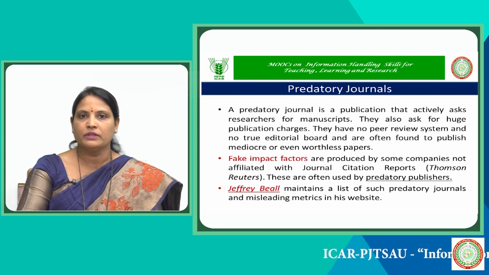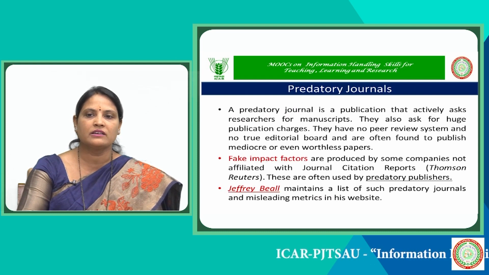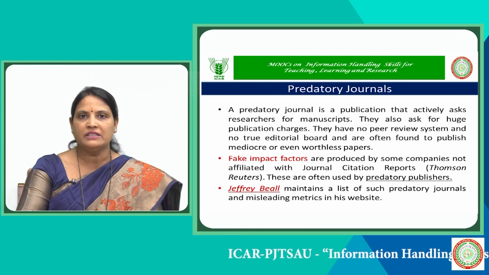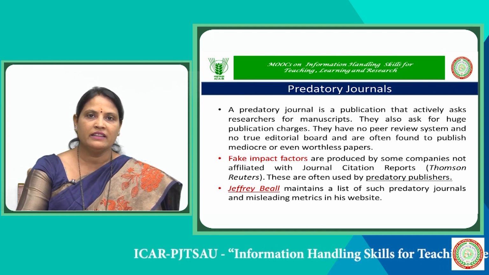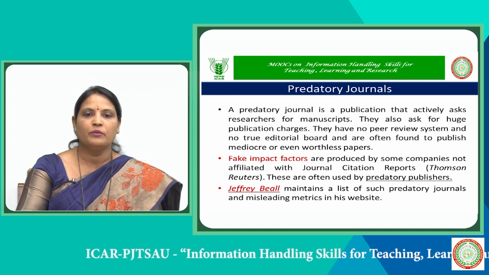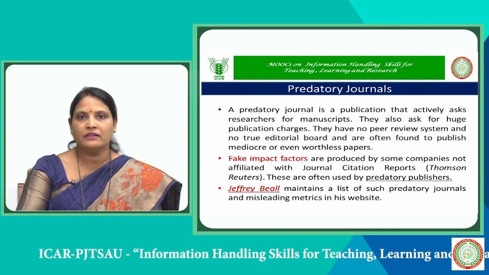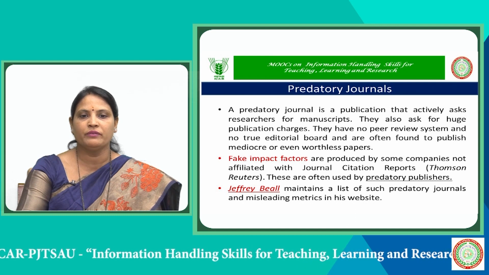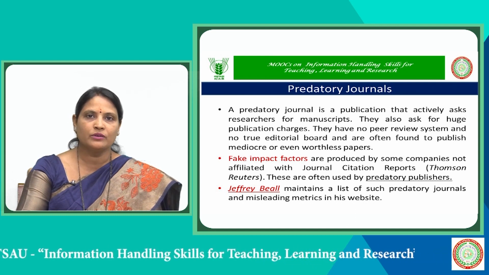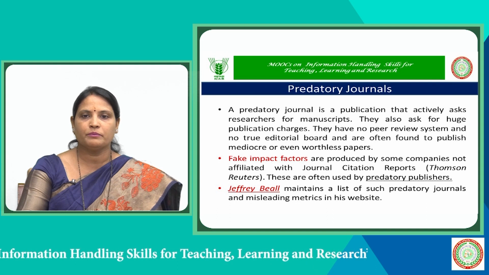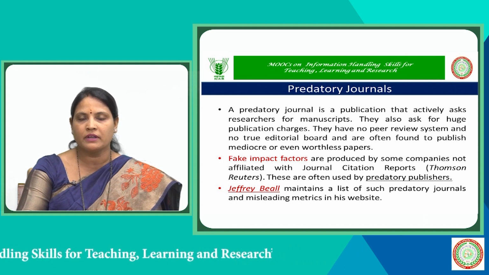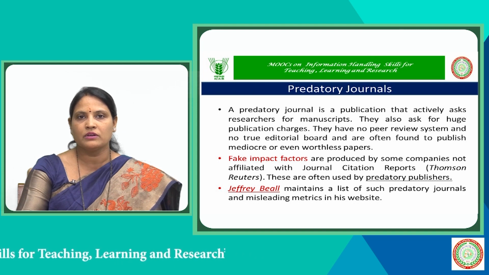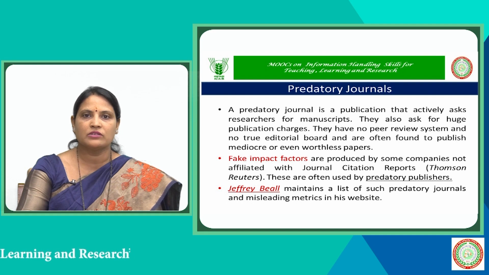Then let us see about predatory journals. Predatory journals actually means journal agencies that call authors and invite their papers, but the chances are that the peer review process may not be followed, or even no editorial team may be there for publishing a paper in a predatory journal. So whenever you publish your paper, check whether it is in the predatory journals list or not.